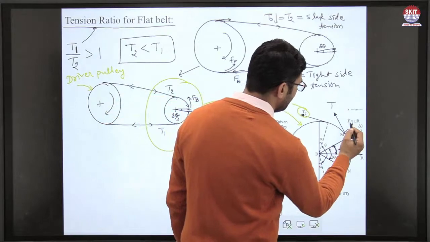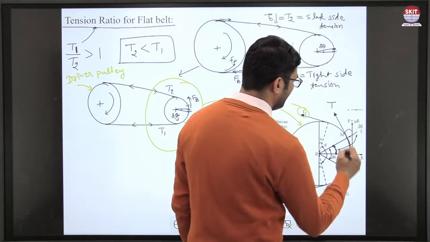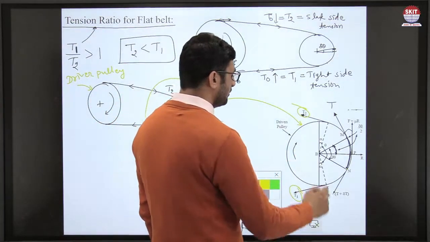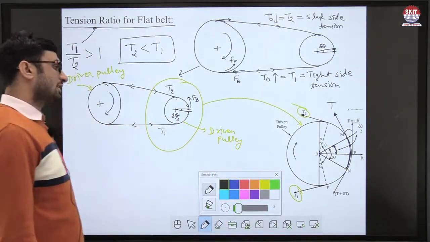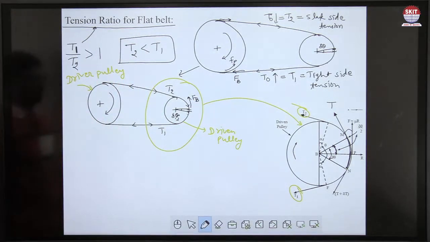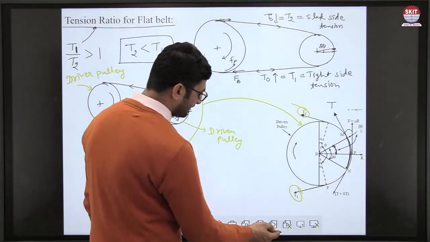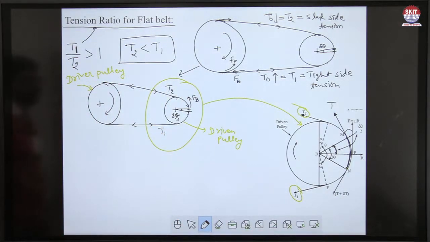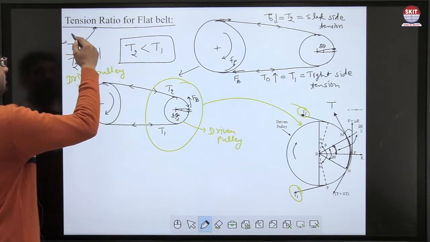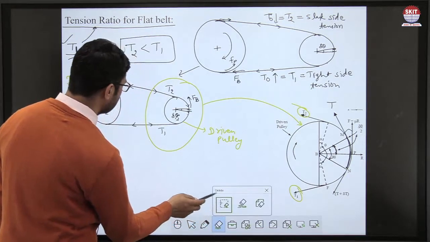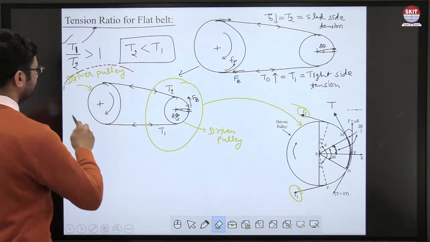So this is the friction force which acts on the belt. Now from this diagram we write two equations, one in the x direction and one in the y direction, and solve those two equations to find the value of T1 upon T2.